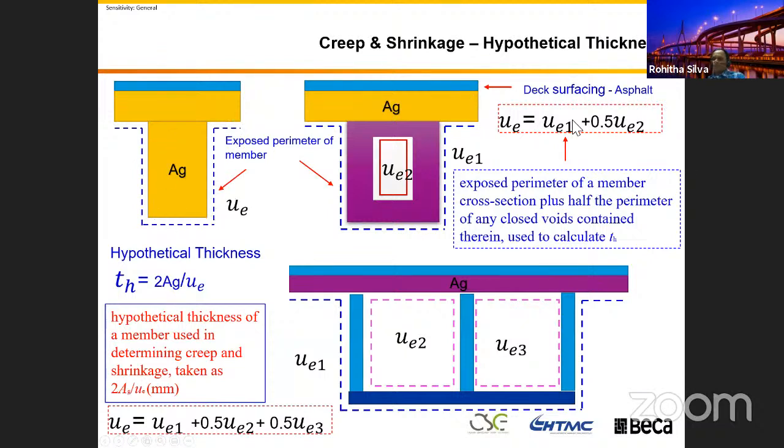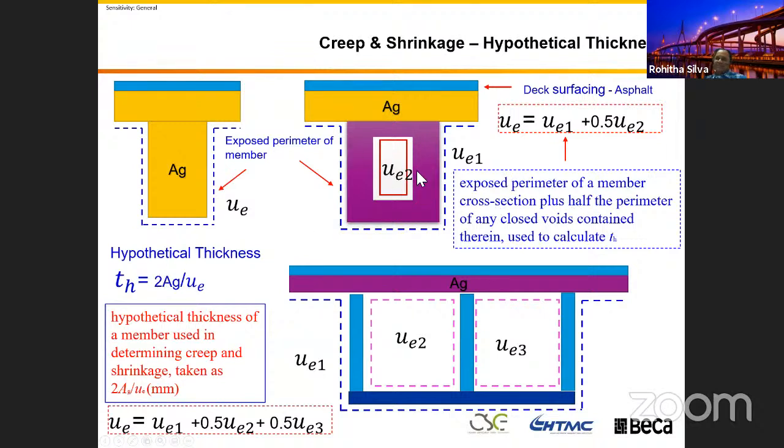But the second one is a hollow section. It's a single cell box girder or super T girder. It doesn't have to be closed like this, but you can have a closed box. Still, you have two exposure environments, one exterior and the other interior.